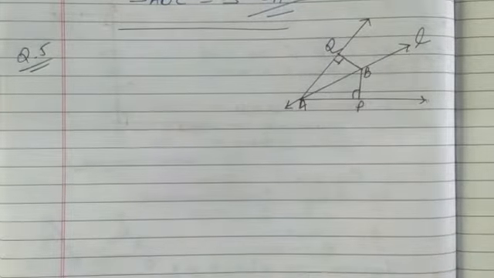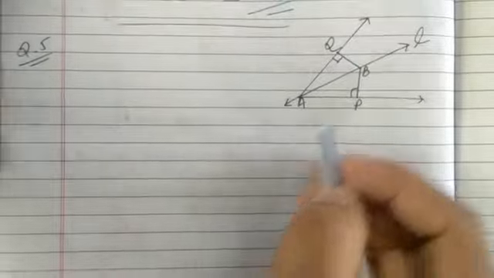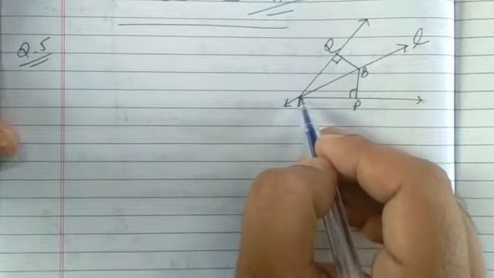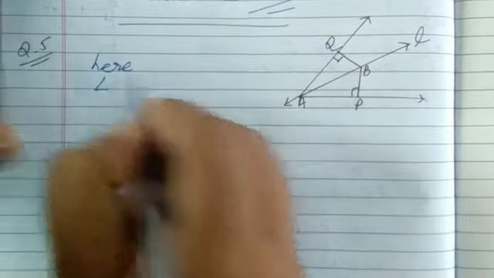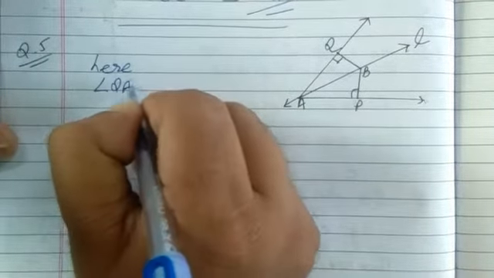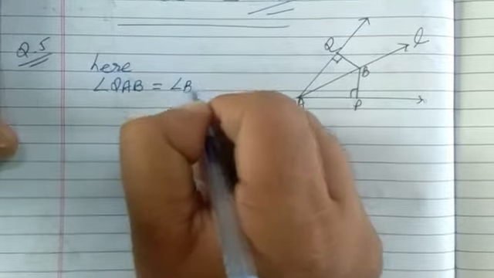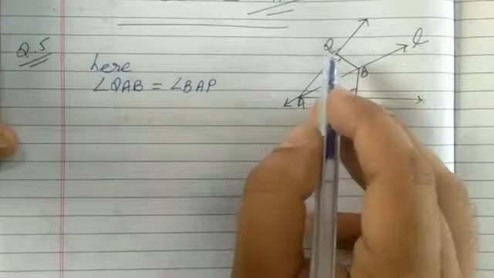Let us see. In this question, first we can write here. Look here, angle QAB is equal to BAP. Am I right?